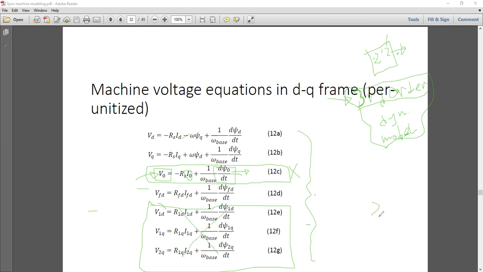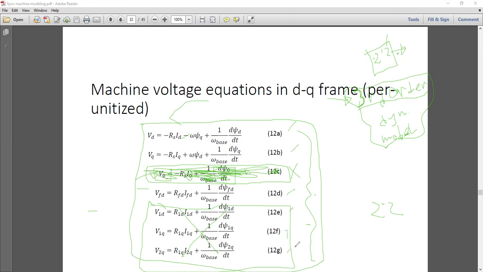However, if we want to live with the 2.2 model, then already you have reached the dynamic model. This is the dynamic model for representing 2.2, except this, because considering a balanced system, this will not be there. So equations 12A, B, along with D, E, F, G, are the dynamic model for representing 2.2. Okay, clear?